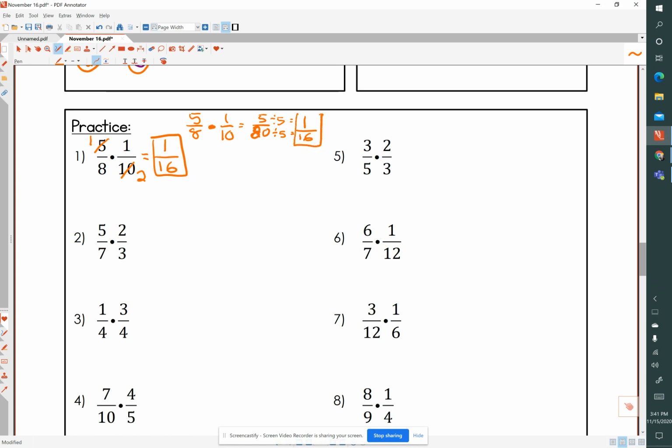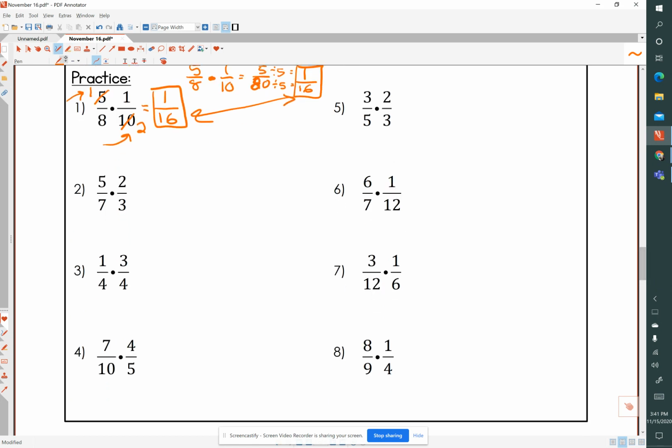Sorry about that. And you would have ended up at the same place. What cross simplification does is it eliminates some of that work at the front end. So you can get these problems. Remember, smaller numbers are better numbers.